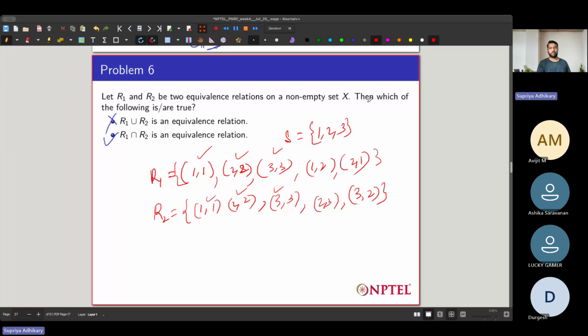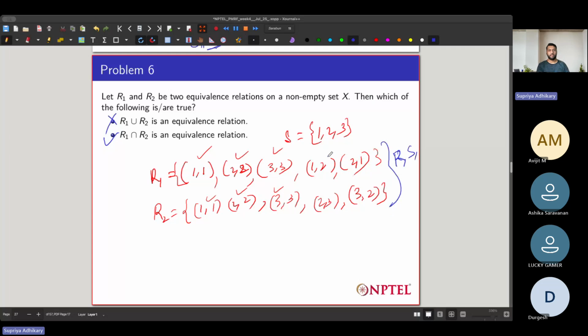For R2, (2,3) and (3,2) both belong to the relation, so R2 is also symmetric. So both of them are reflexive and symmetric, and finally we have to prove that these are transitive also.